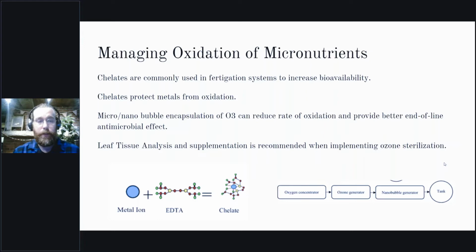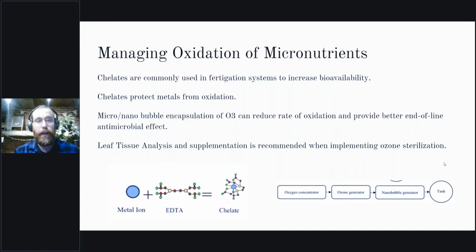The literature also has examples of micro and nano bubble encapsulation of O3, which can reduce the rate of oxidation and provide better end-of-line antimicrobial effect. So having these sort of stable, small encapsulated bubbles reduce the surface area and the potential for interaction between O3 and your nutrients.